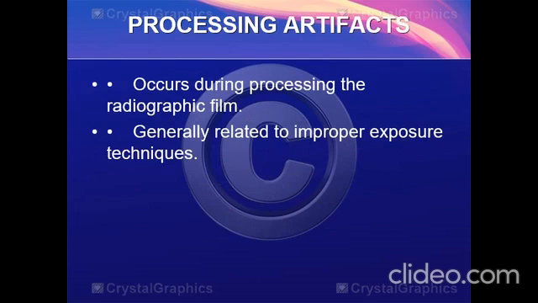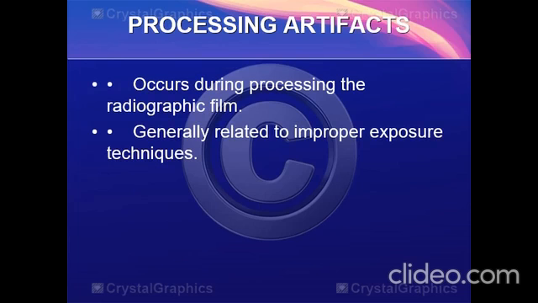Next, the processing artifacts. Of course, from the name itself, this occurs during processing of the radiographic film after exposure. Generally, they are related to improper exposure techniques. Usually, the cause of processing artifacts is wrong exposure techniques, wrong kVp, mAs used, and other relevant factors.